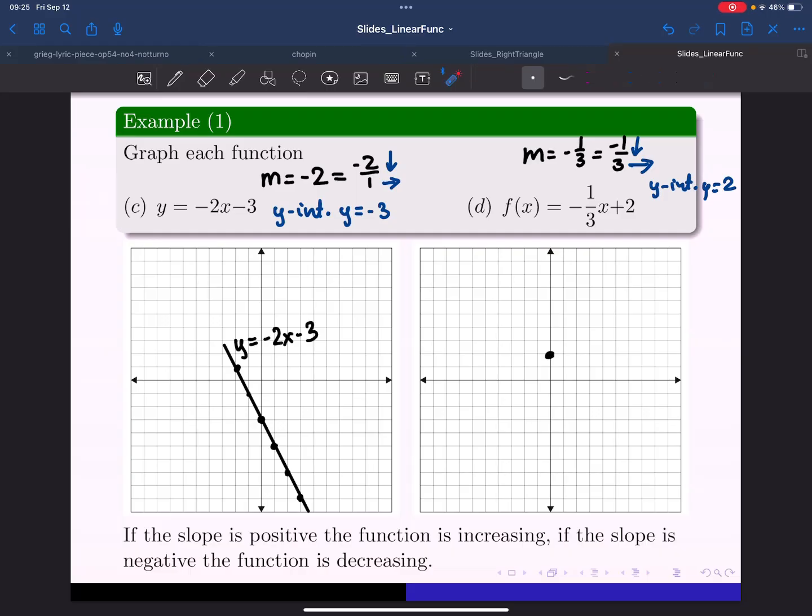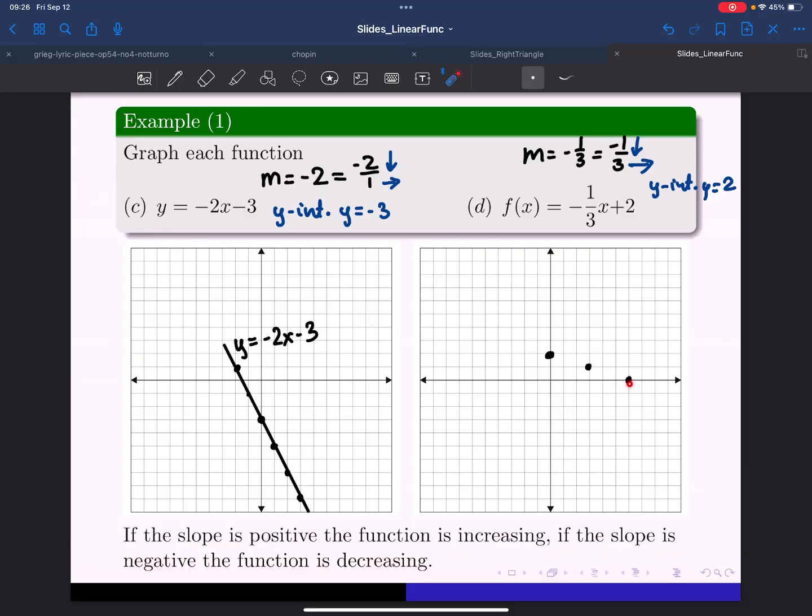And then we're gonna travel according to the slope. 1 unit down and 3 units to the right. From the starting point, we're gonna go 1 unit down and 1, 2, 3 units to the right. So that's my next point. And from that point, we travel the same way. 1 unit down and 1, 2, 3 units to the right. So that's my next point.